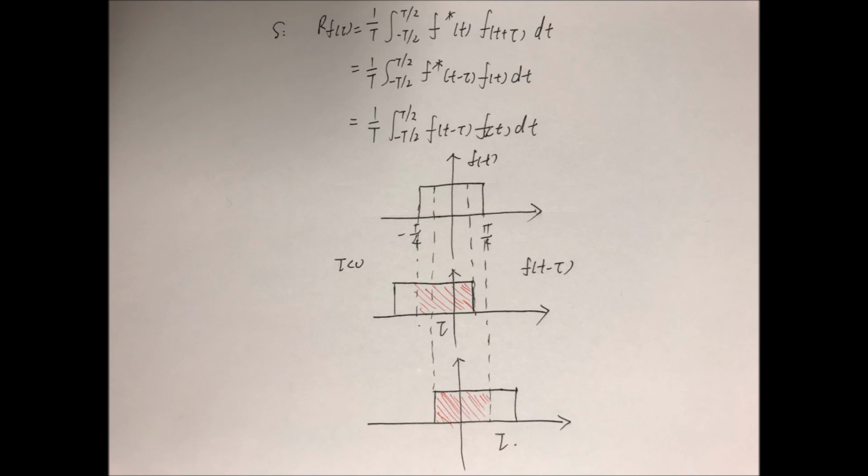Depending on whether your tau is positive or negative, I'm going to shift either to the left or to the right. In our textbook, it also made some change for this problem, so let me do this, otherwise you cannot follow.